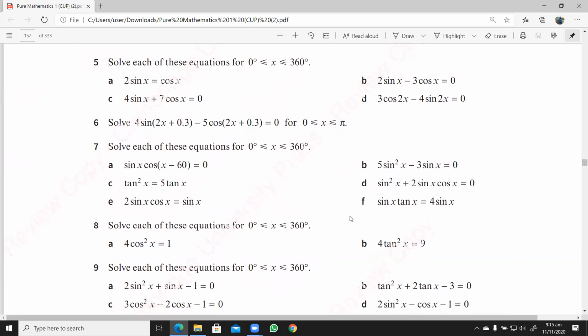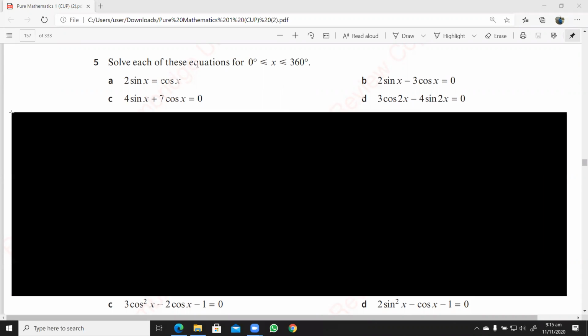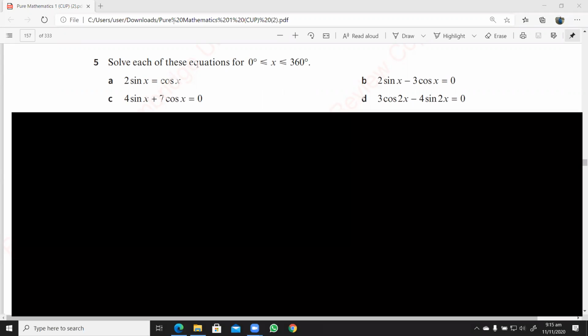Question number 5 is a typical question where you have two terms, one in sine, the other in cos. In such equations, you will have to divide both the sides by cos x. For example, in 5a, the equation is 2 sine x equal to cos x.